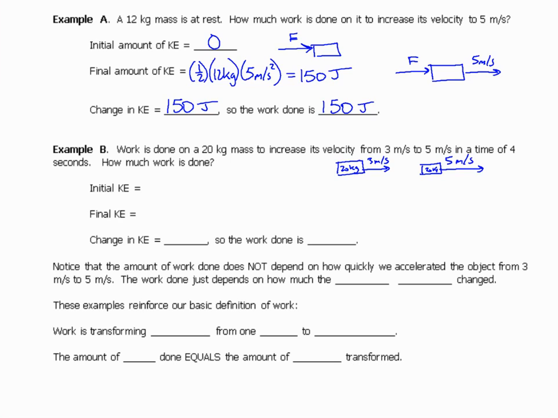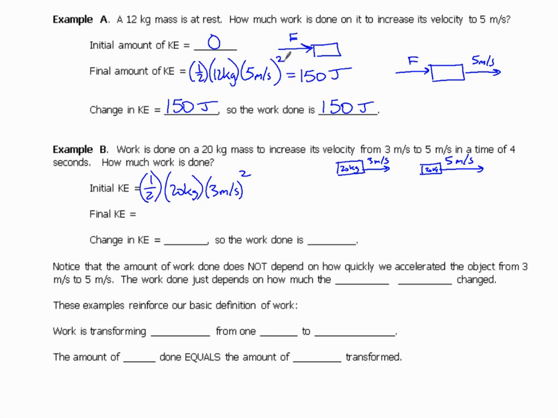Now, what we have to do here is calculate the initial kinetic energy and calculate the final kinetic energy. So initially we have 1/2 times the mass, which is 20 kilograms, and the velocity is 3 meters per second, and we have to square that quantity. Go back up to the other example. I put the exponent inside.